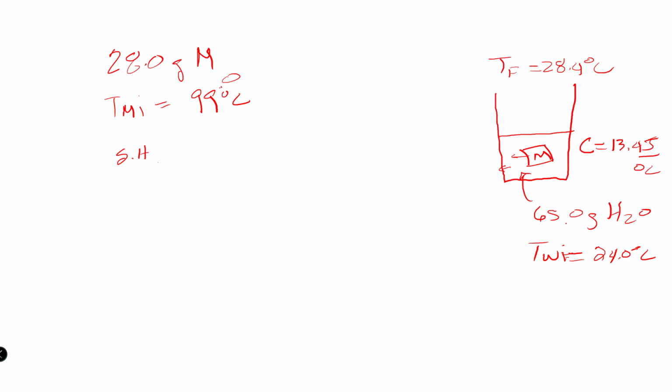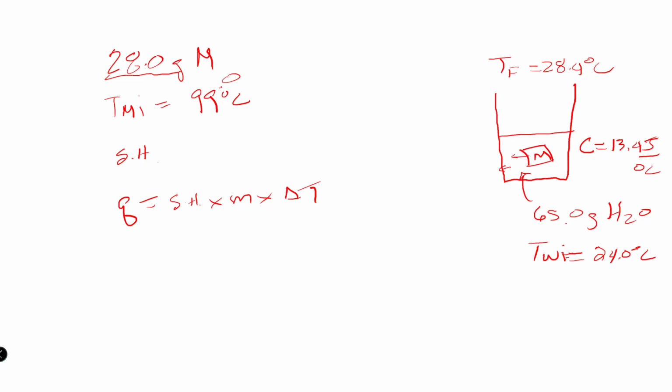So how do we solve the problem? Well, the heat equation for this is Q equals specific heat times the mass times the change in temperature. So we know what the mass is. We can determine the change in temperature.